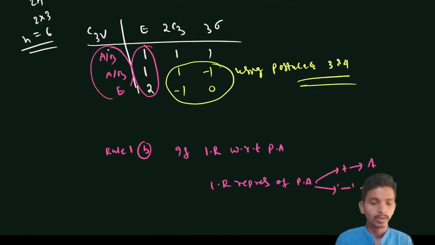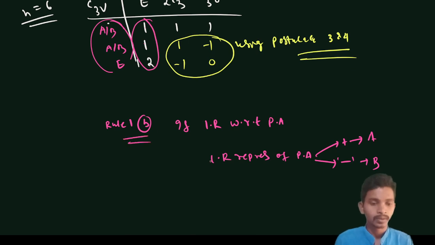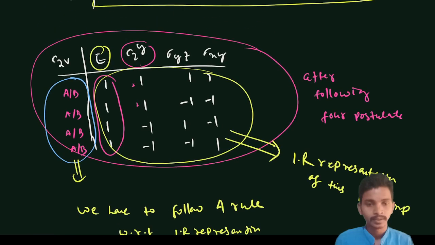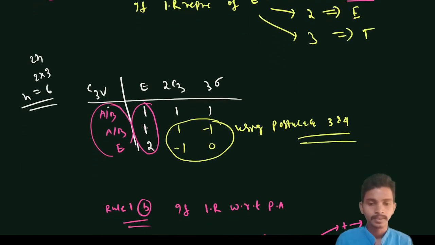Okay, after following the rule, if the principal axis is positive, then A, negative then B. So here the principal axis is positive, then this will be A. This is also positive, then this is A. Here negative, so this will be B. Okay, so for this case also, here the principal axis is positive, so this will be A. And for 2, that is only E, so no need of principal axis.